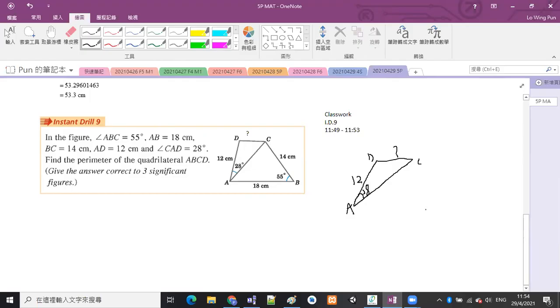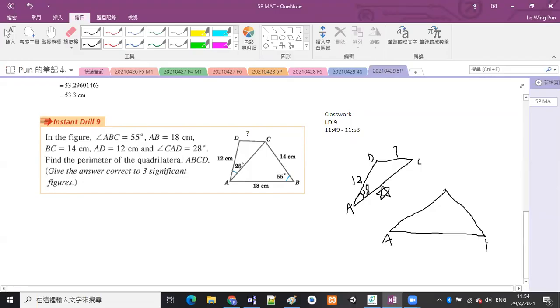But we know that the length AC is a common length of triangle ADC and triangle ABC. So we are going to get help from triangle ABC, because AC is a common side.